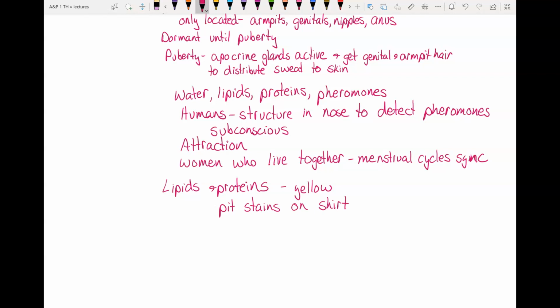This is also why you get body odor. This is why you need deodorant once you go through puberty. Lipids and proteins are food. Bacteria live on your skin. So the bacteria on your skin will eat the lipids and proteins from the sweat.